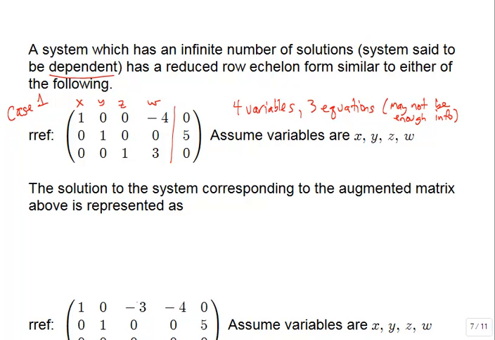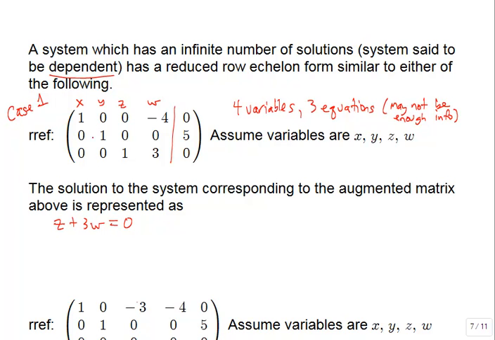Okay, so let's see how we're going to write out our solution. To get our solution, we're going to look at each of these rows and write down what they would imply. Let's start at the bottom and work our way up. What does this bottom row tell us? There's no X's, no Y's, 1 Z, and 3 W's, and that's supposed to equal 0.